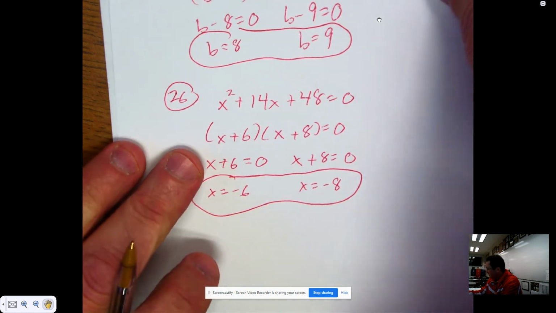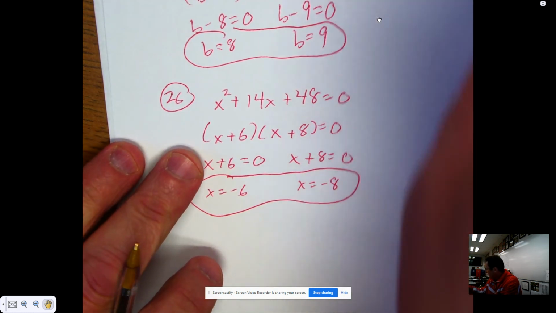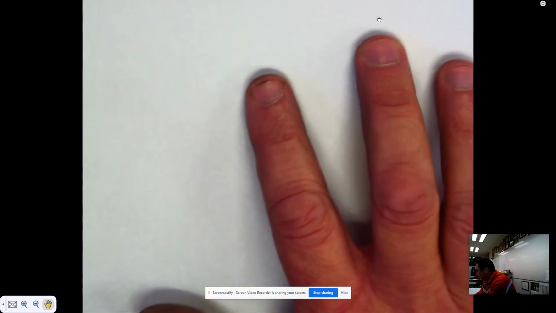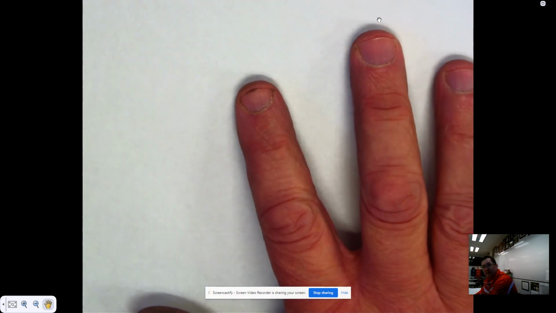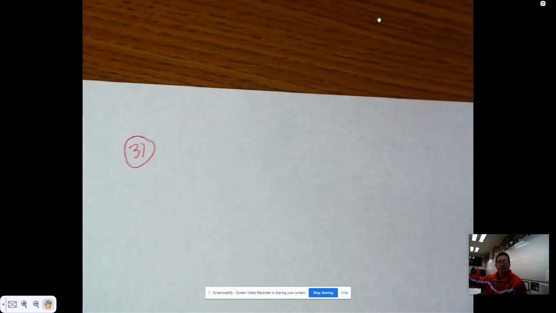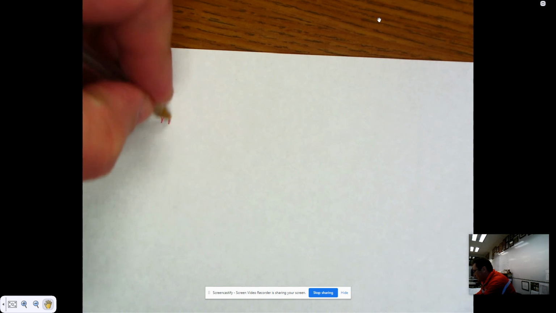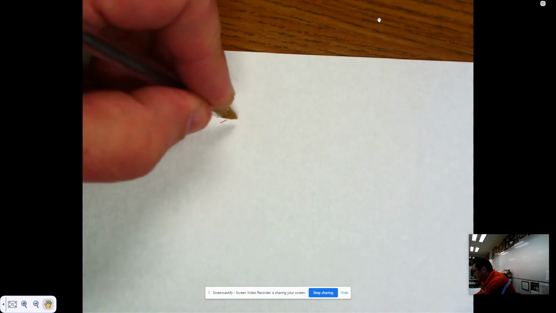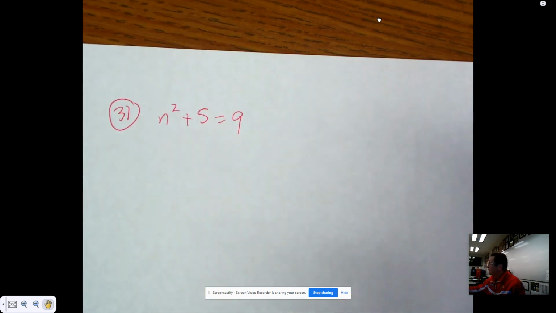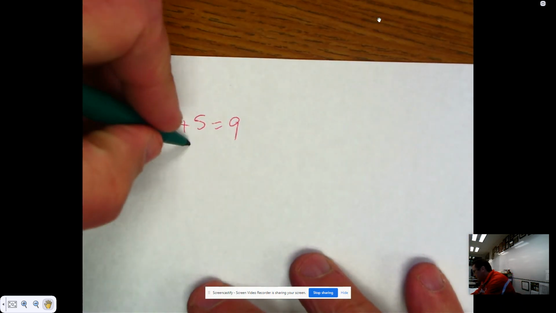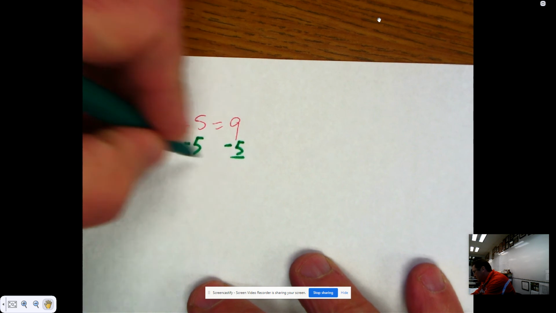The next part of your assignment asks you to solve equations by taking square roots. Question 31, for example, has n squared plus 5 is 9. Now you want to get the n squared by itself to begin with. So we're going to subtract 5 from both sides.